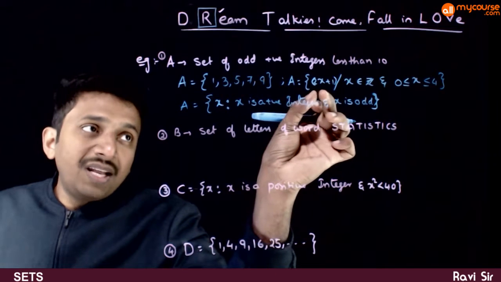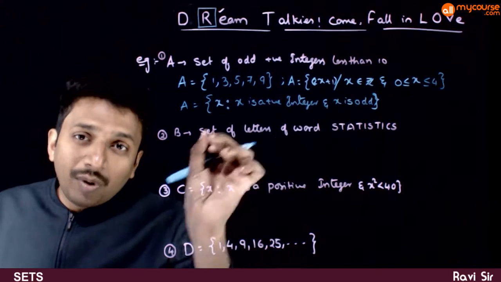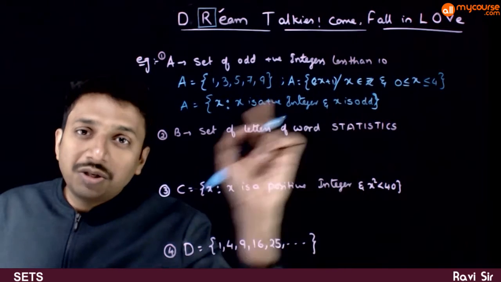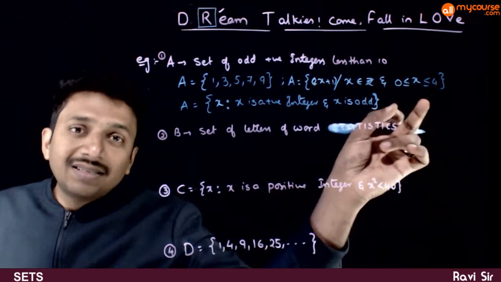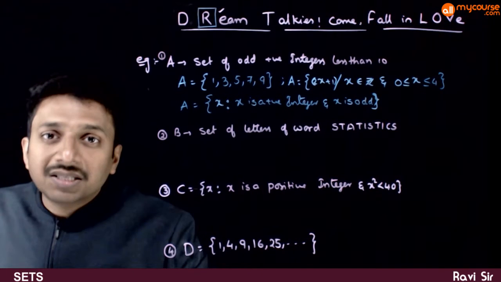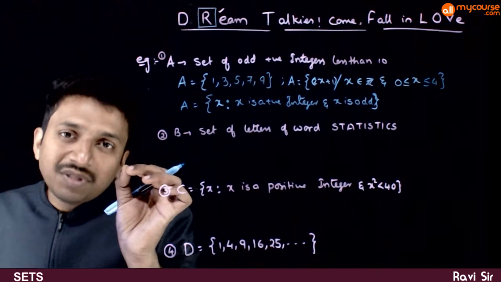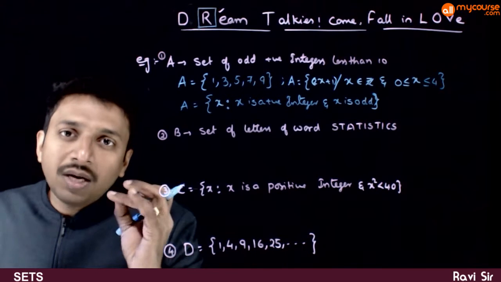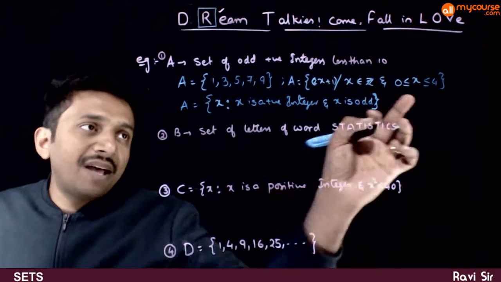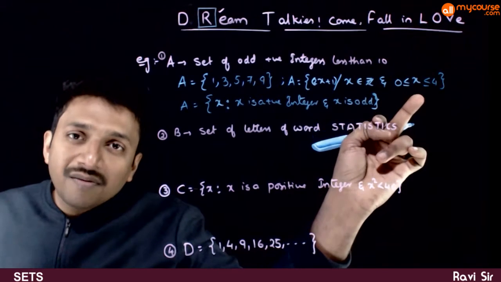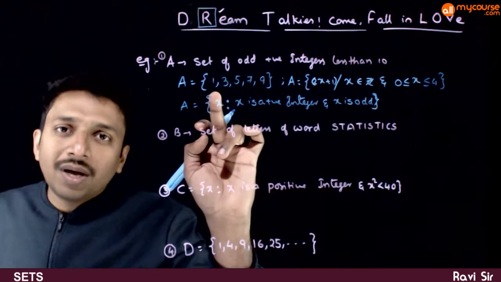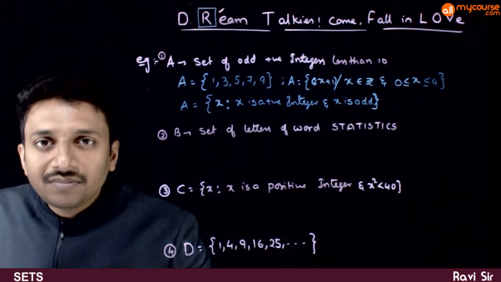So what does this mean? A contains elements of the form 2x plus 1, where x belongs to integers and x is in between 0 to 4. That means x cannot take all the integer values. It has to be starting from 0 and going till 4. That is 0, 1, 2, 3, 4. You can take 5 values of x, corresponding to which you get 5 values 1, 3, 5, 7 and 9.